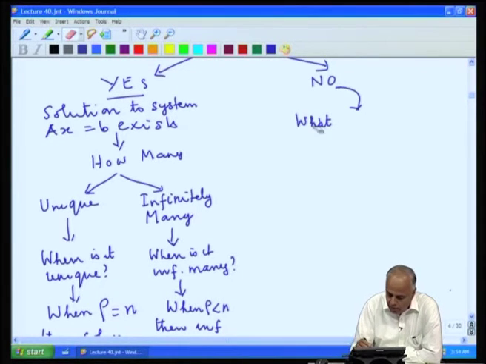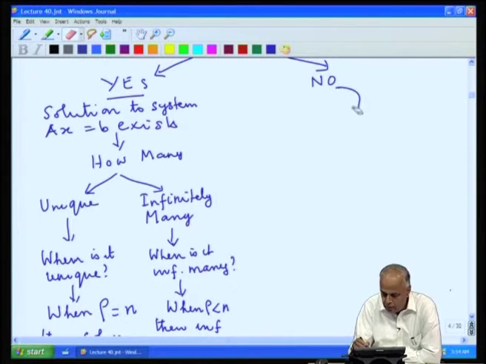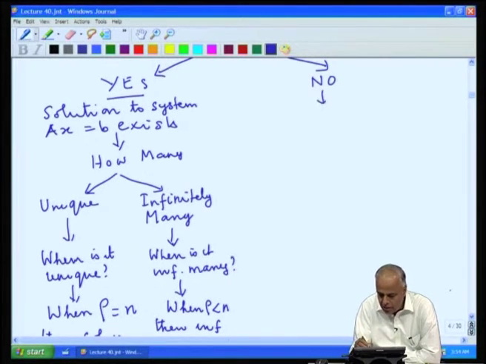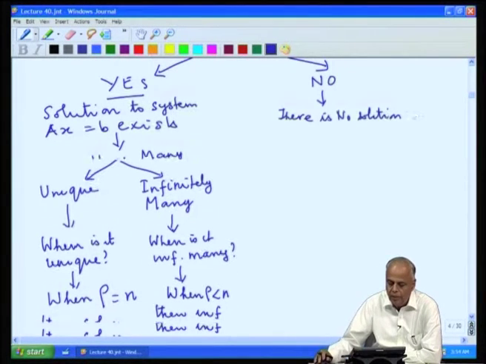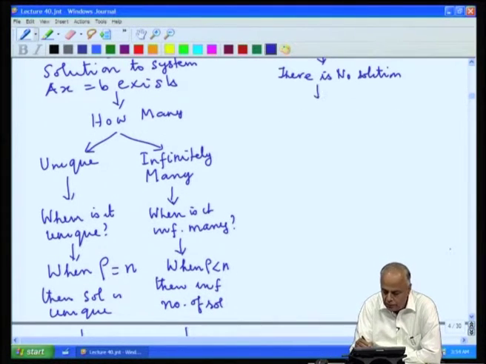Well, first of all, we get the statement that there will be no solution. So, first let us note that down, there is no solution.